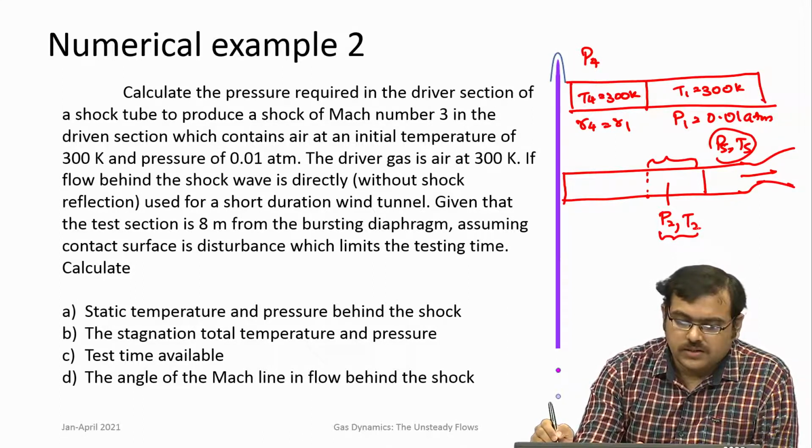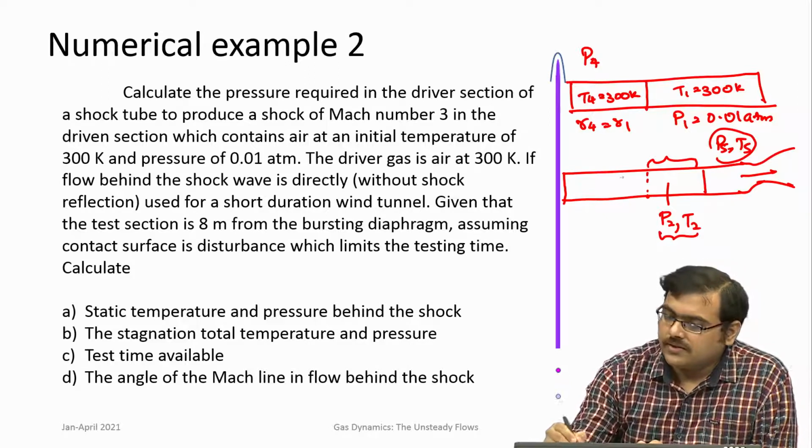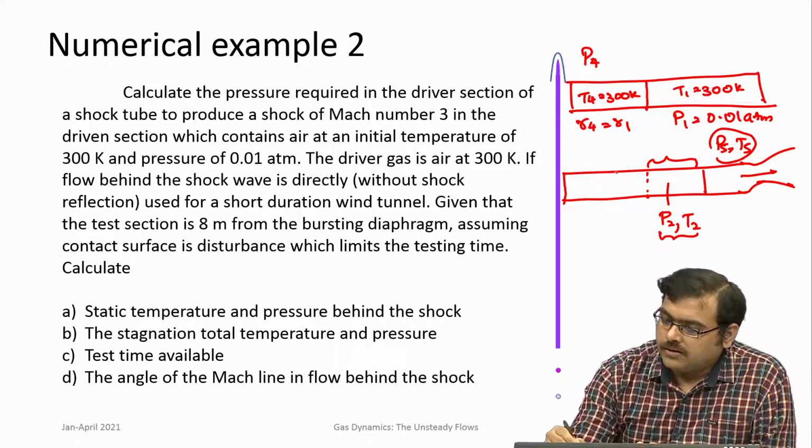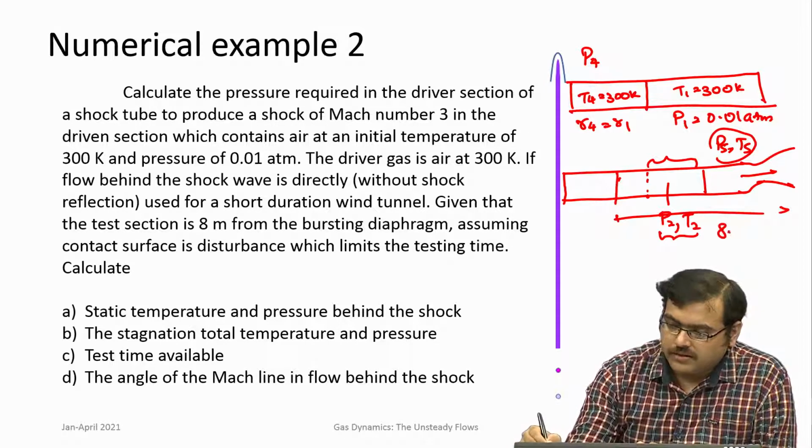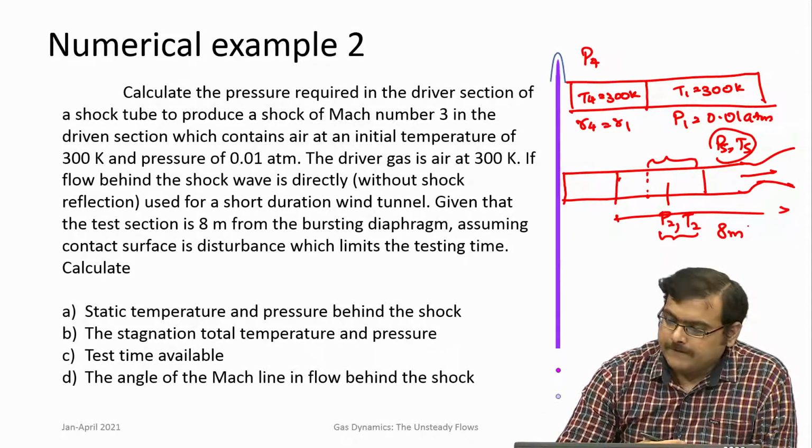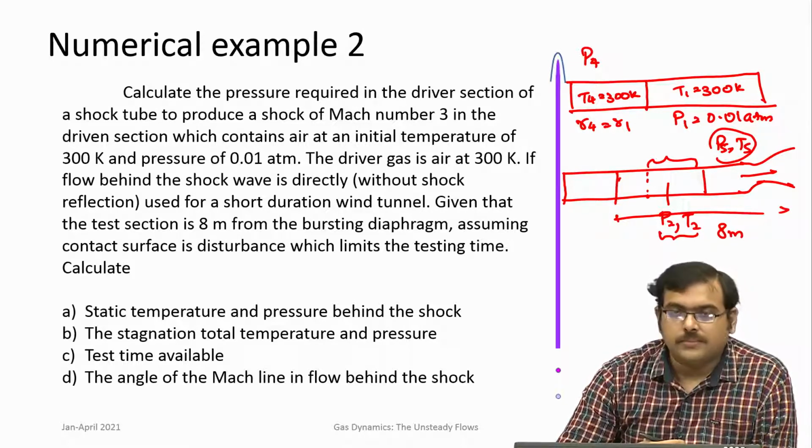Given that the test section is 8 meters away, so the distance between the diaphragm station and the test section is 8 meters, and the contact surface is the disturbance which limits the testing time.